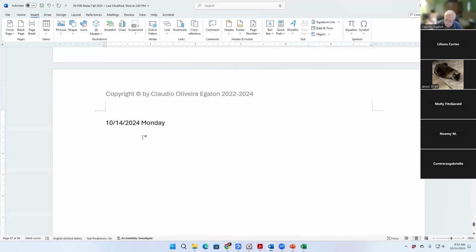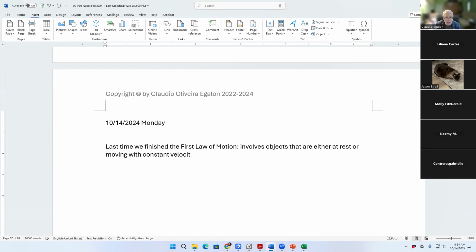Okay, and that's Monday. Last time we finished the first law of motion. The first law of motion involves objects that are either at rest or moving with constant velocity. And what does it mean? It means that their acceleration is equal to 0.